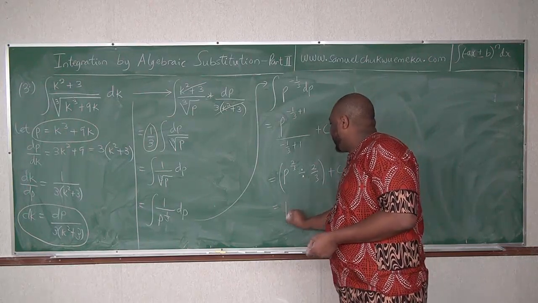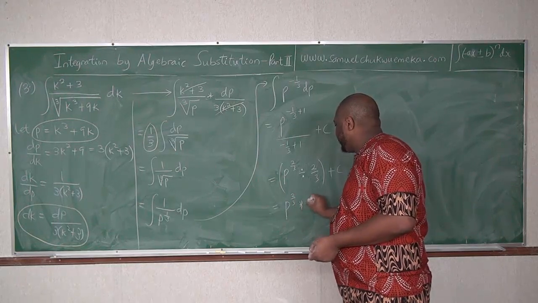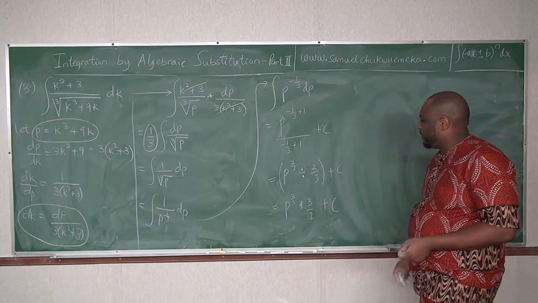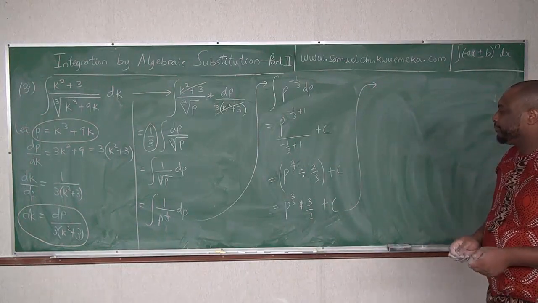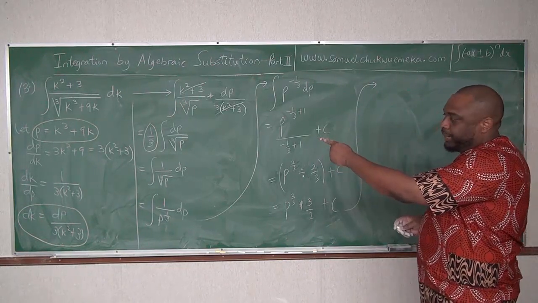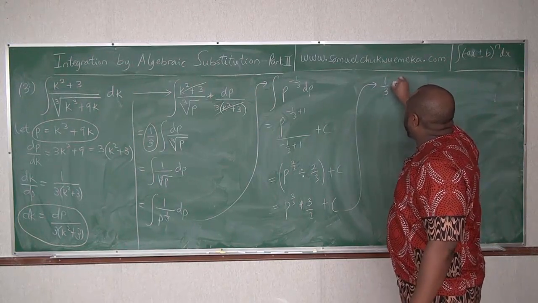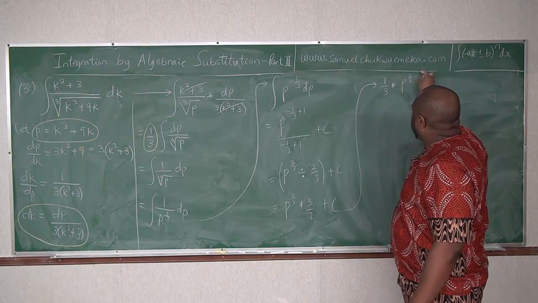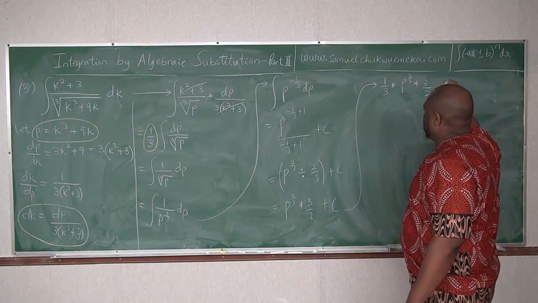So this is p raised to power 2 over 3 times 3 over 2 plus c. I bring out that 1 over 3: 1 over 3 times p raised to power 2 over 3 times 3 over 2 plus c.